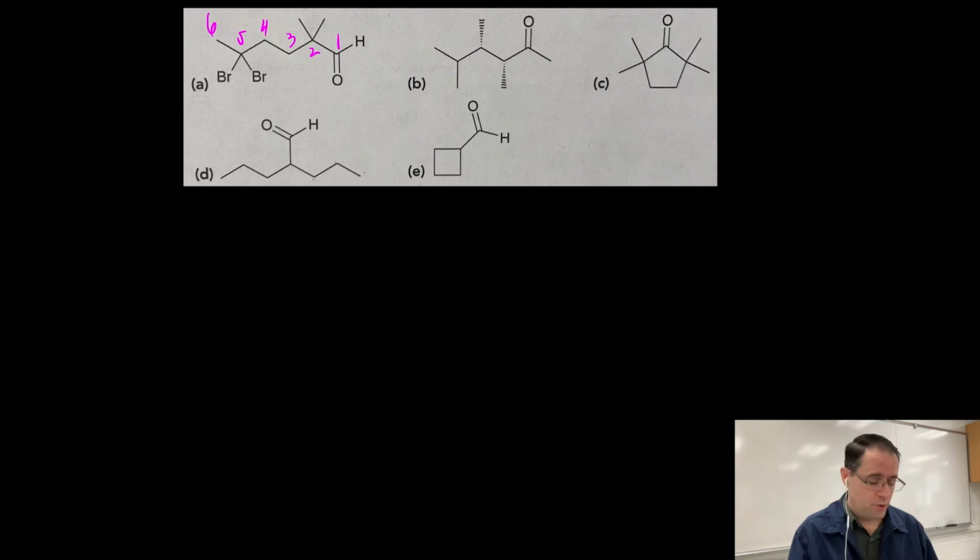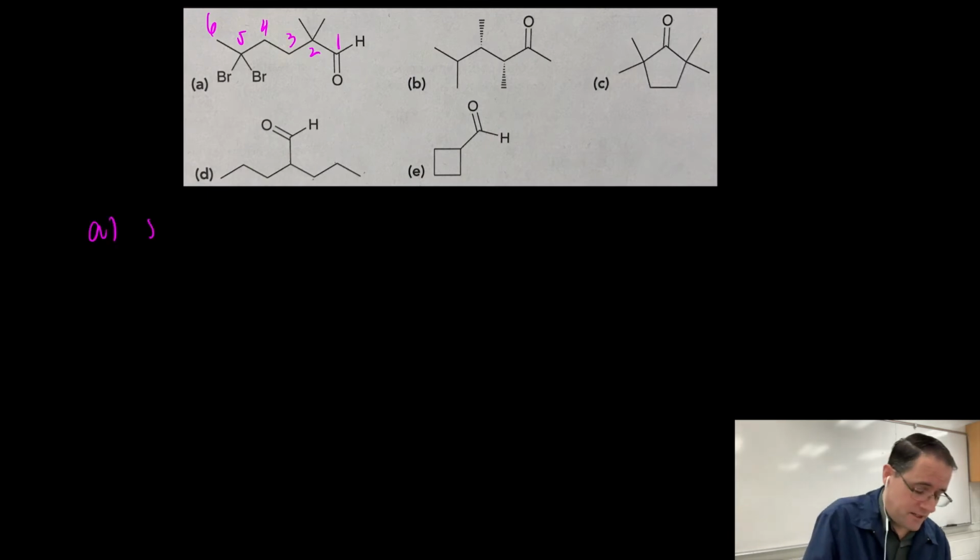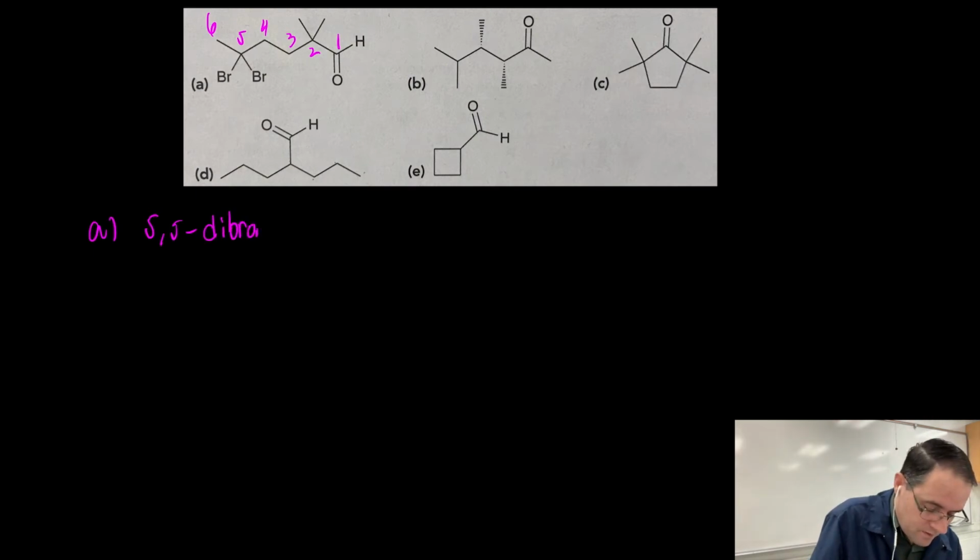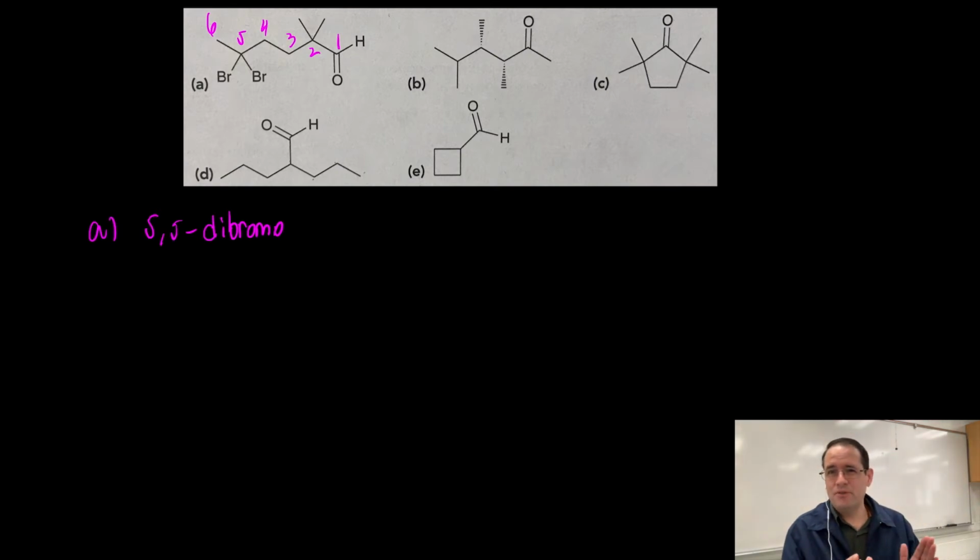There are 2 methyl groups at carbon 2, and there are 2 bromo groups at carbon 5. So B before M, so it's going to be 5,5-dibromo. Remember, we put a dash between any number and letter.